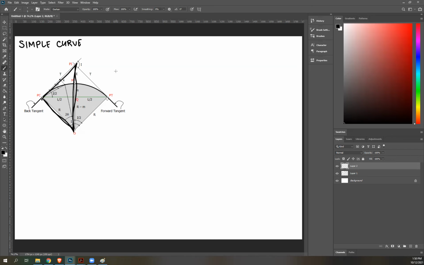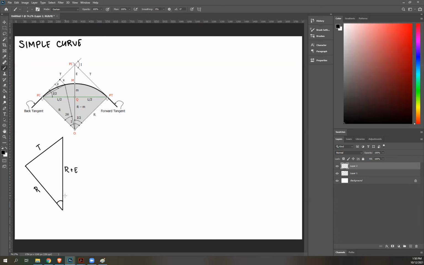Okay, from that we can create an equation. So first, this length is R, plus E. And then this is tangent length T. Now let's figure out what this angle is.